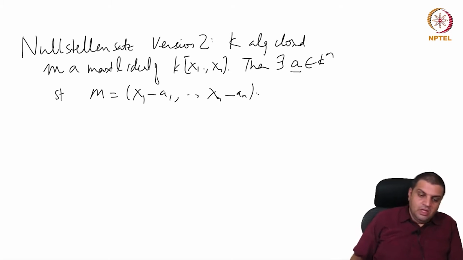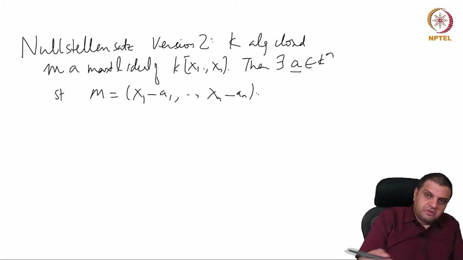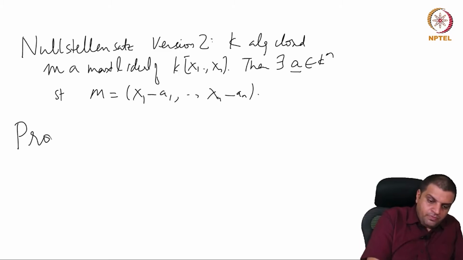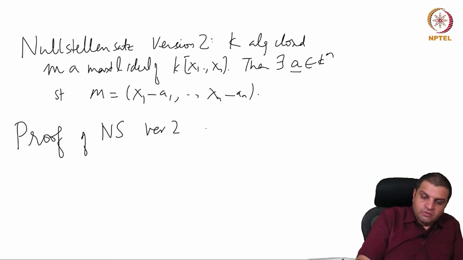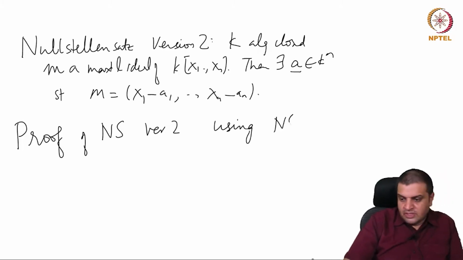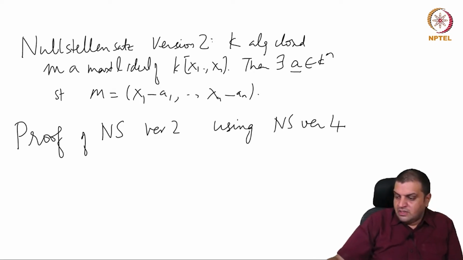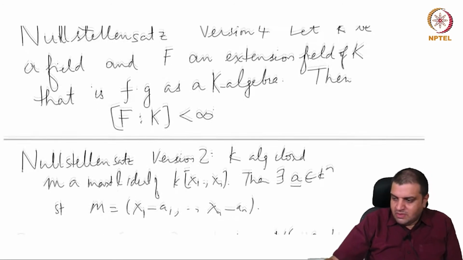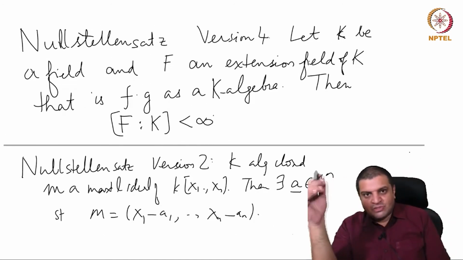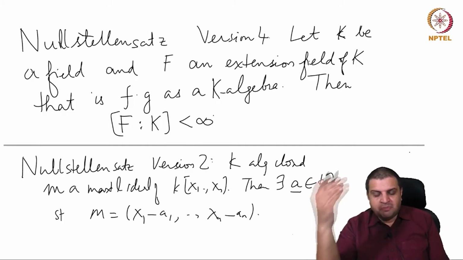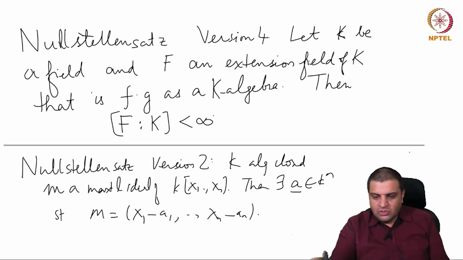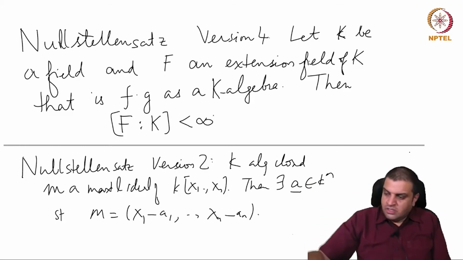This is version 2. Now we will prove version 2 using Nullstellensatz version 4. Nullstellensatz was stated as a theorem about zeros of polynomials. This doesn't look anything like that, but we would still call it a version of the Nullstellensatz.